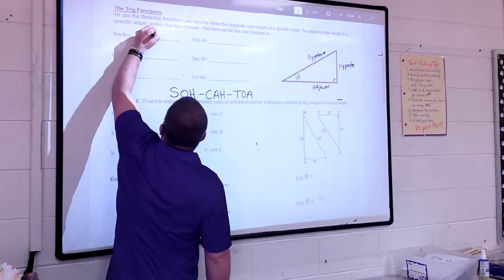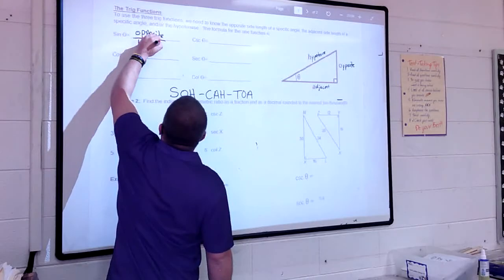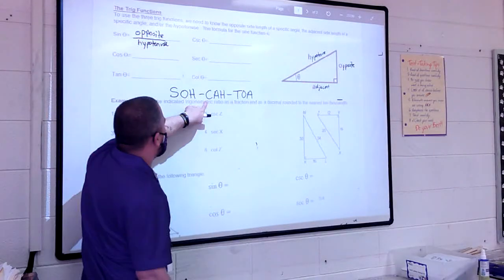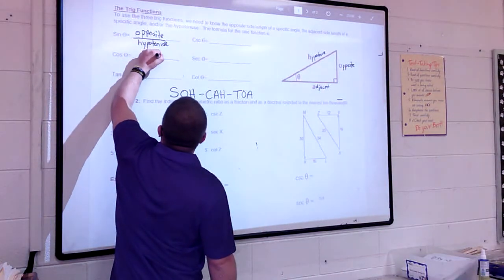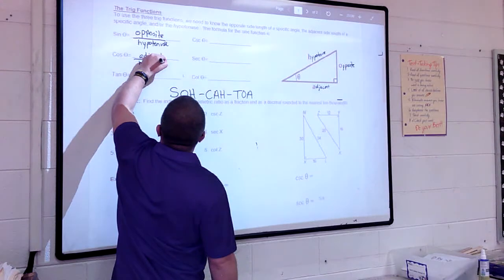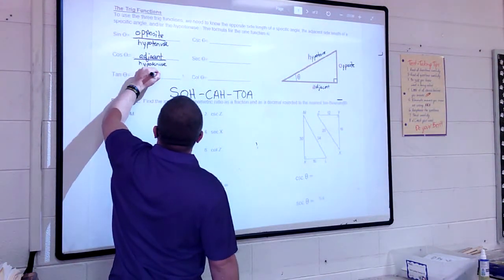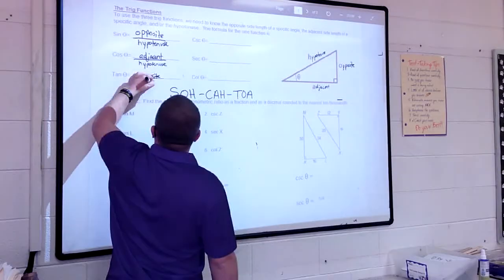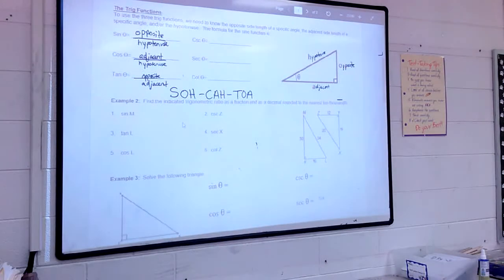CAH: cosine is adjacent over hypotenuse. TOA: tangent is opposite over adjacent. That's how you get the numbers, by those 2 sides, and how you remember those sides is from SOHCAHTOA.